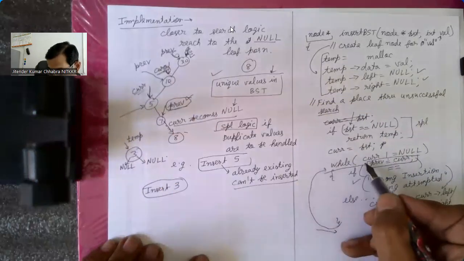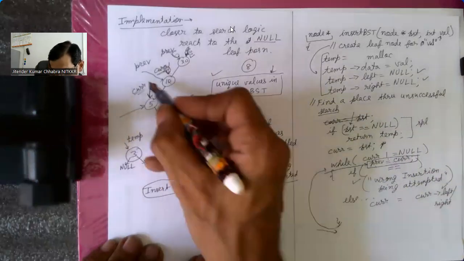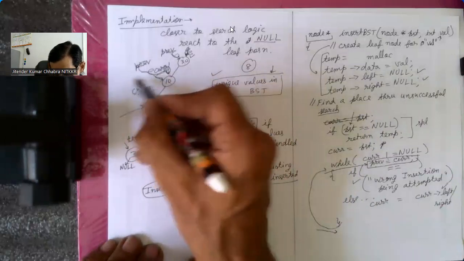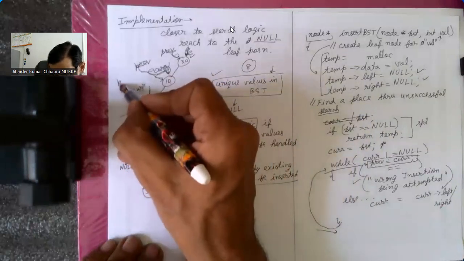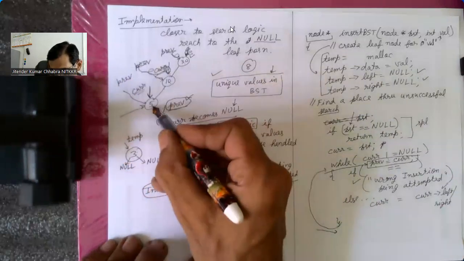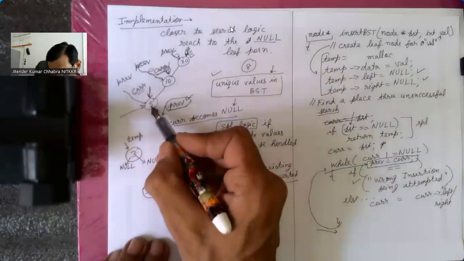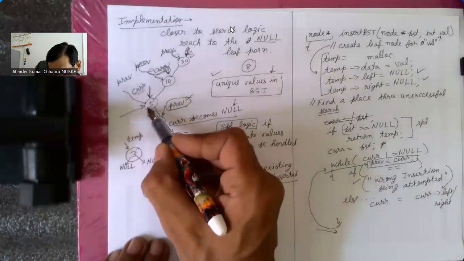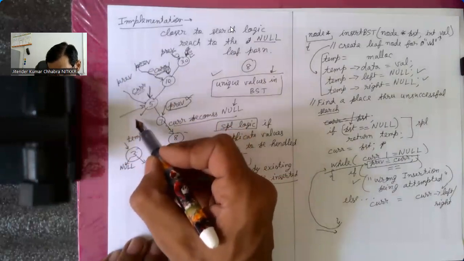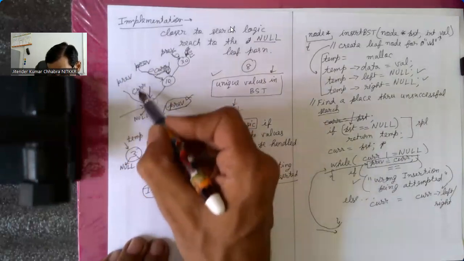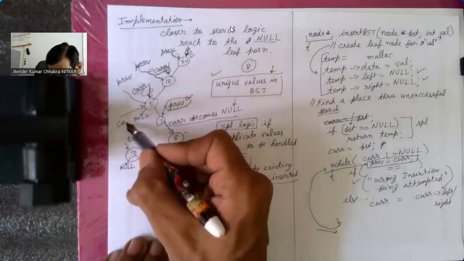Loop again, we have not ended, previous becomes current. Previous again comes here. 5: data compared, 3 is less than 5, yes, go to the left side, current will change. Current will become null.